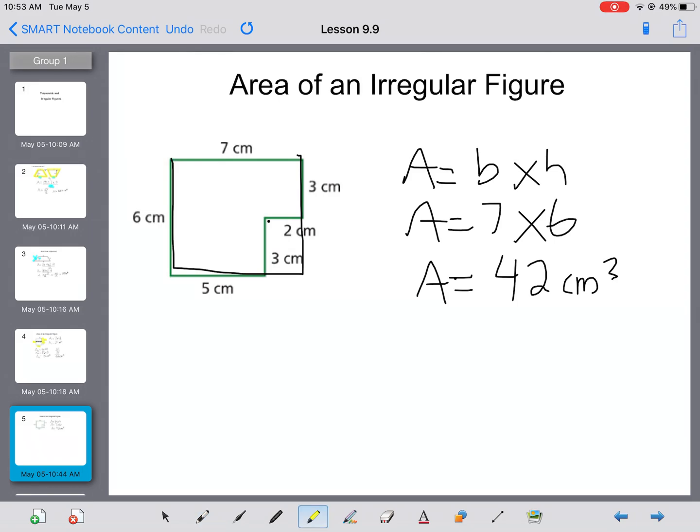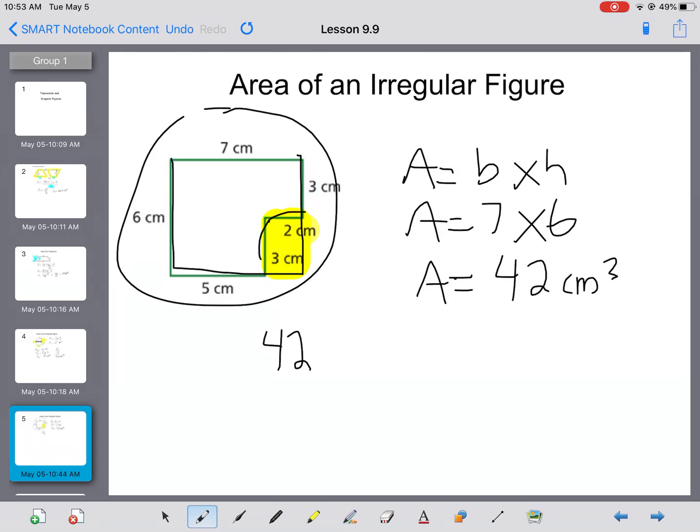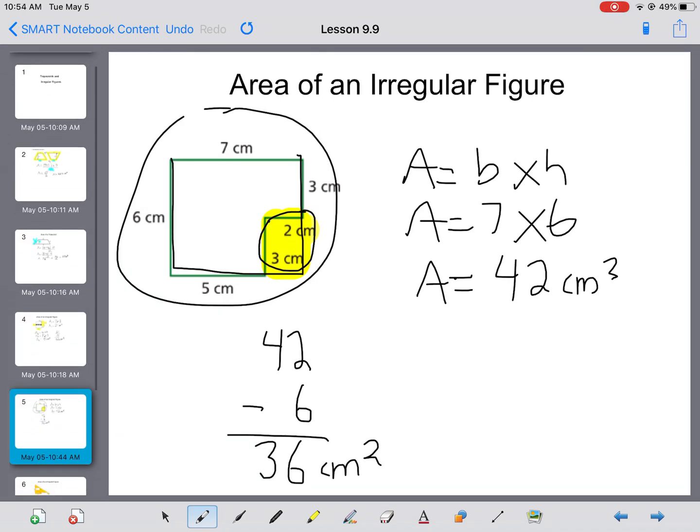Now I can figure out the area of this space right here that's not part of it. So area is 2 times 3, which is 6 centimeters squared. So then I can do 42, the whole box, take away this tiny little chunk, which was 6, and I get 36 centimeters squared. So again, I've shown you 3 different ways to find the exact same answer.